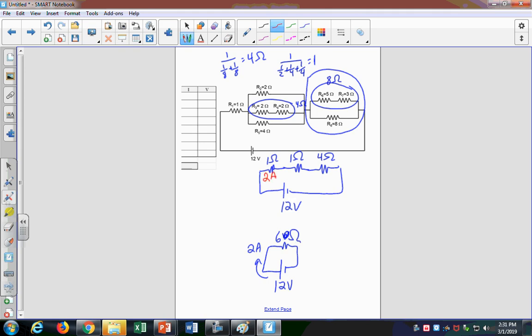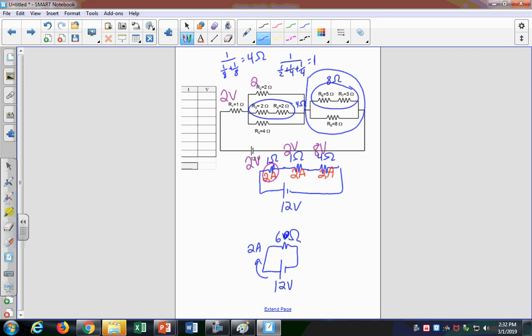So I have 2 amps here, 2 amps here, and 2 amps here, because resistors in series have the same current. That means that I have 2 volts, 2 volts, 8 volts. 2 plus 2 plus 8 is equal to 12. Now, most of this is pretty routine to set out all the voltages on these others. I know that this is 2 volts because it's the same as this resistor.